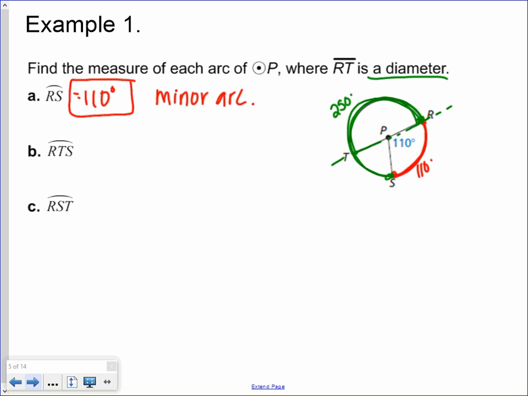Diameters cut circles in half, so this is 180, and then he added 70 because he took 180 minus 110, and 180 plus 70 is 250. You could have done 360 minus 110, and that would have also given you 250. And then what kind of arc is that? Major or minor or semicircle? Major arc.